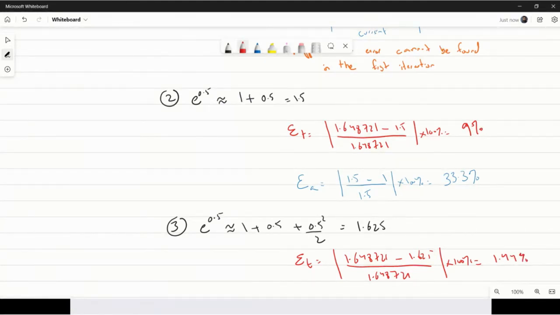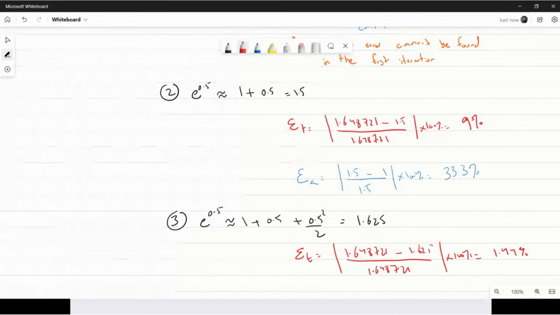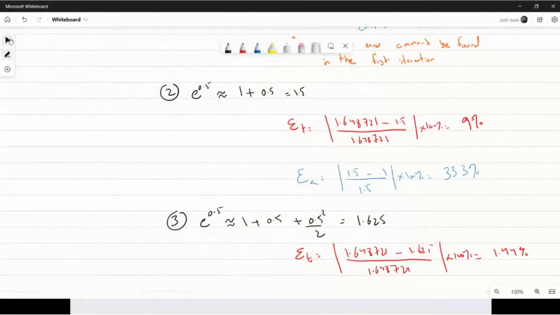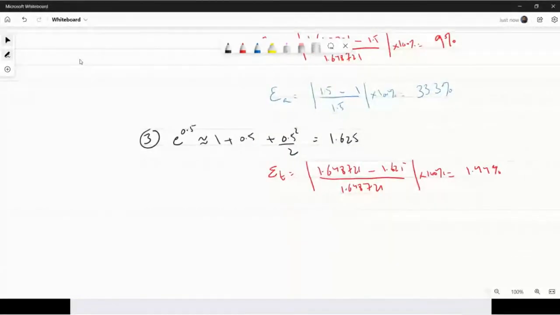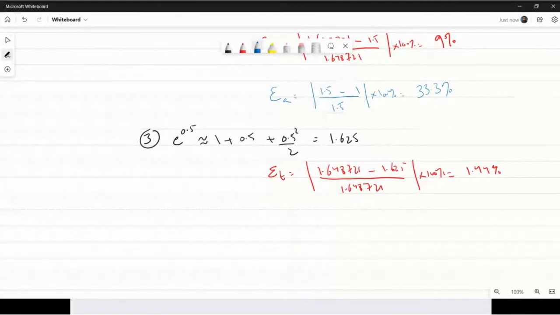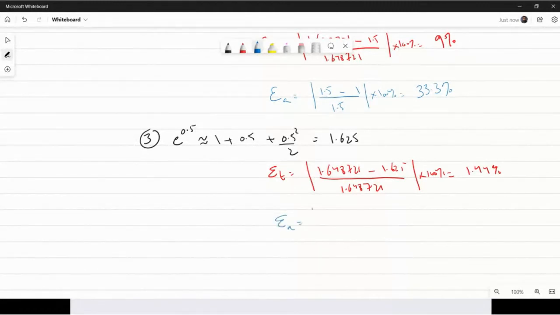You can see that the error is reducing. If in the test you find out that the error is increasing, then of course it shows that you don't understand the basic concept that the error should have been decreasing and not increasing as you add more terms. So the approximate error is the current value minus the previous value divided by the current value.